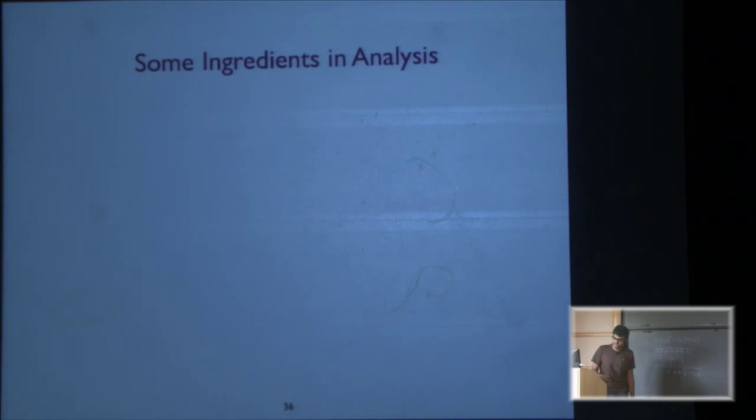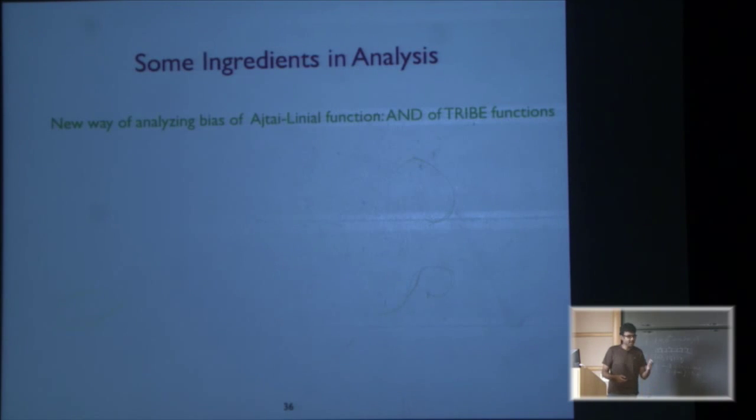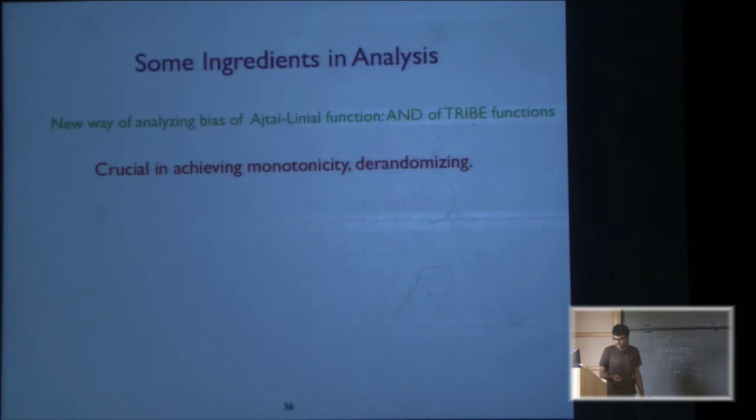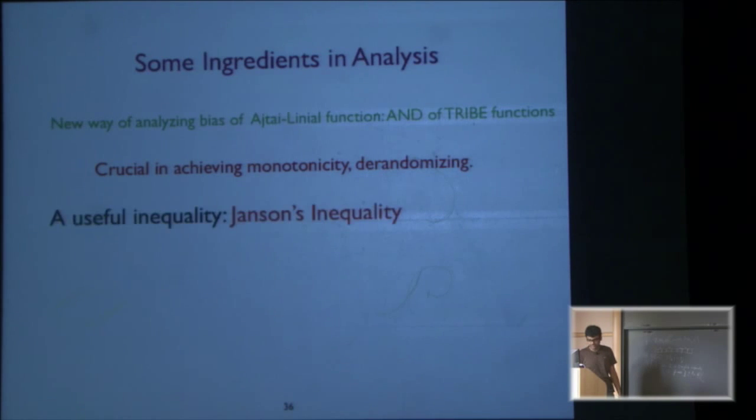Some ingredients in the analysis: we analyze the bias of the modified Ta-Shma linear function in a new way, and this is crucial for getting monotonicity and also for showing that these partitions work. A useful inequality, which I'll mention to conclude, is Janson's inequality, which was very useful for us.